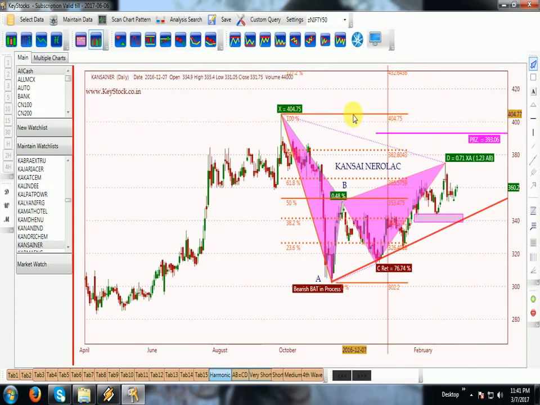The second target, or the reversal level, can be 405, and the next target can be the 127.2 retracement level, which is 432. So this is how the future targets of Kansai Nerolac are plotted.